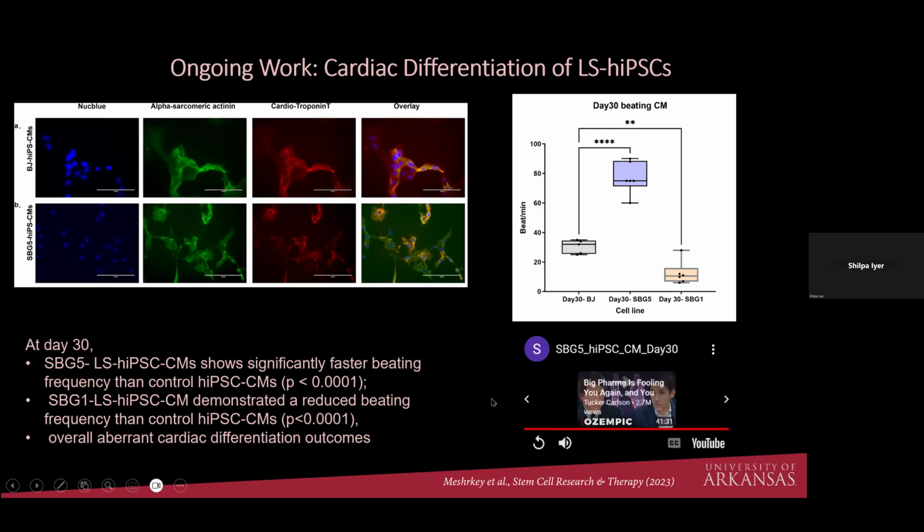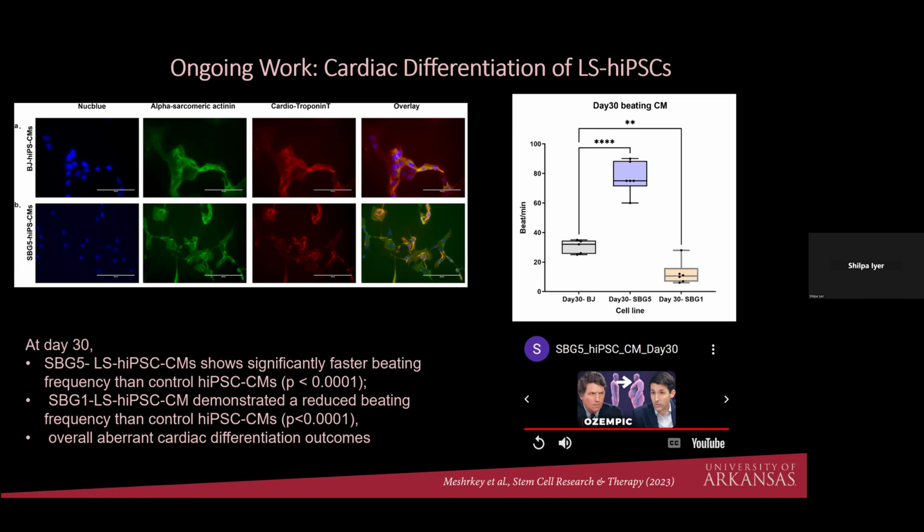This is a small video of how we ended up measuring the heartbeat, which is visible in a dish. And the other one, I was expecting it to be like the control, but apparently by day 30, the one that was classically Leigh's also demonstrated a reduced beating.